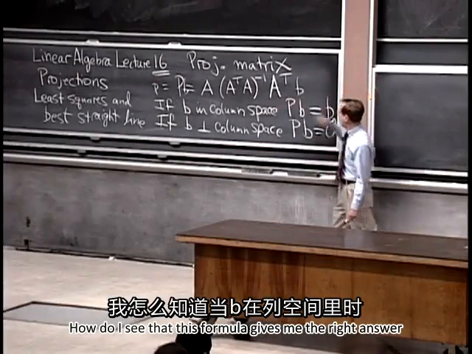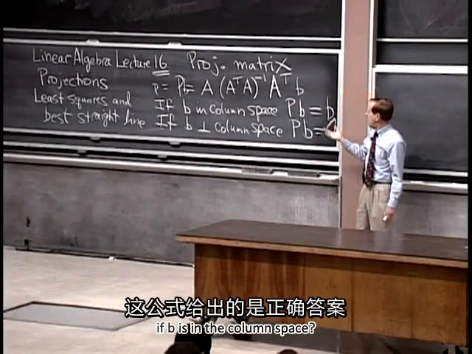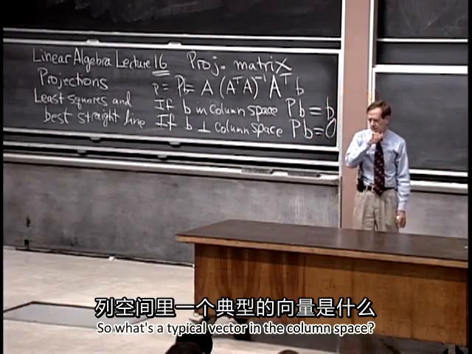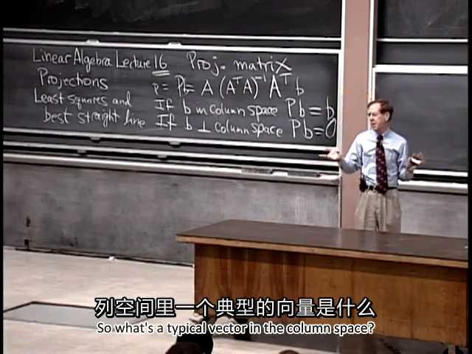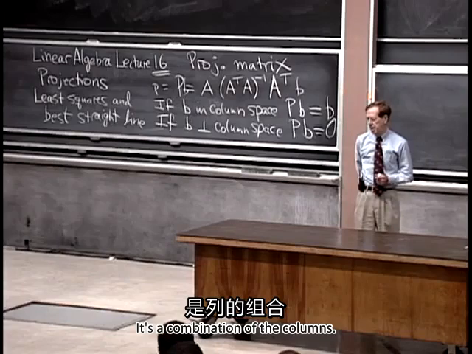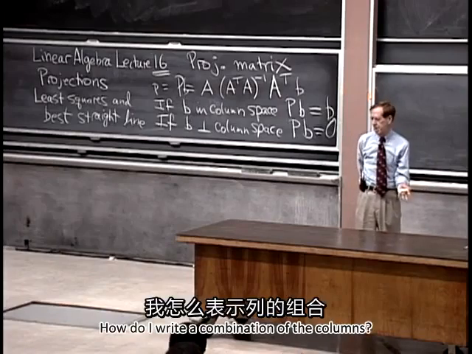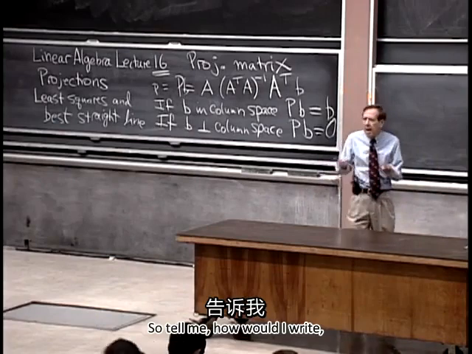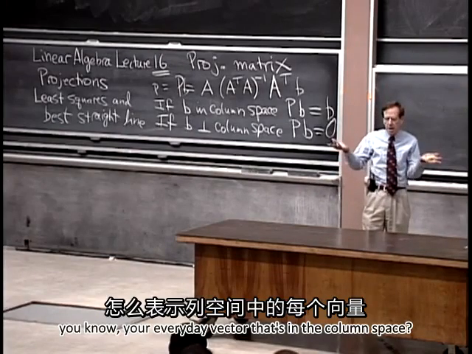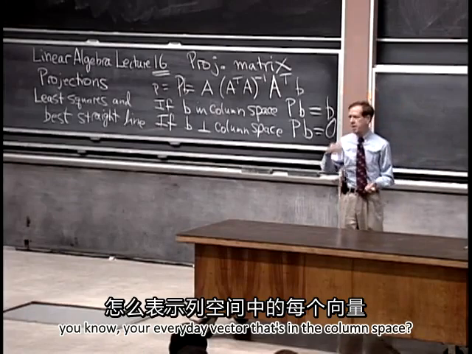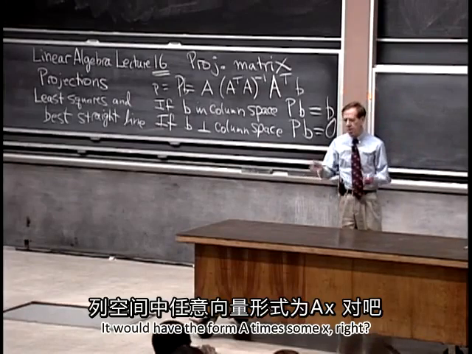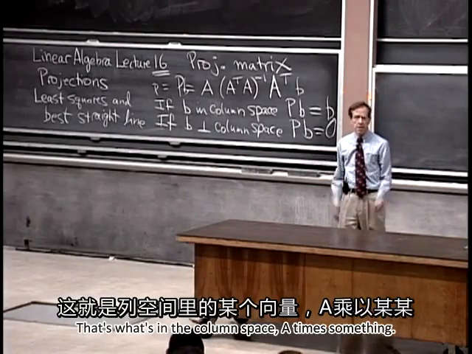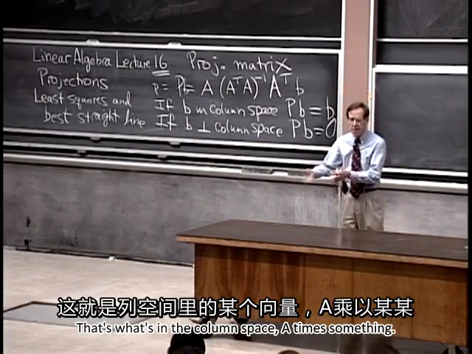Okay, what about the other possibility? How do I see that this formula gives me the right answer if b is in the column space? So what's a typical vector in the column space? It's a combination of the columns. How do I write a combination of the columns? Your everyday vector that's in the column space would have the form A times some x, right? That's what's in the column space, A times something.